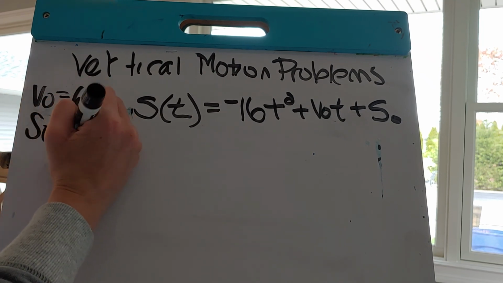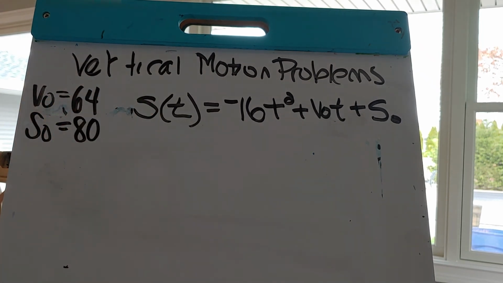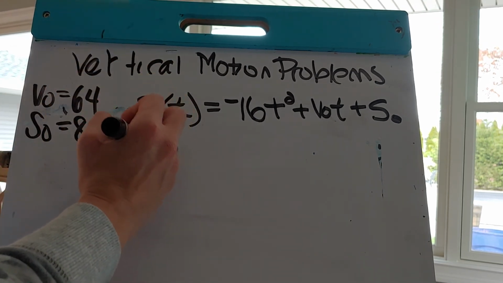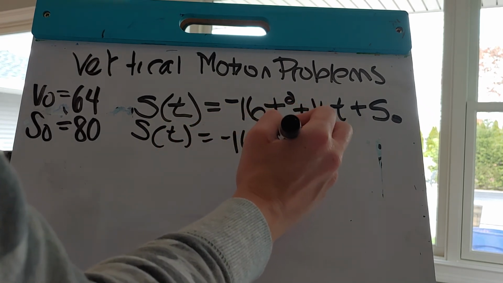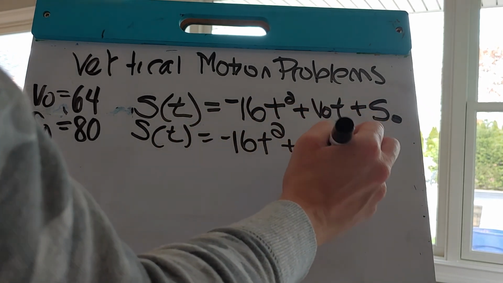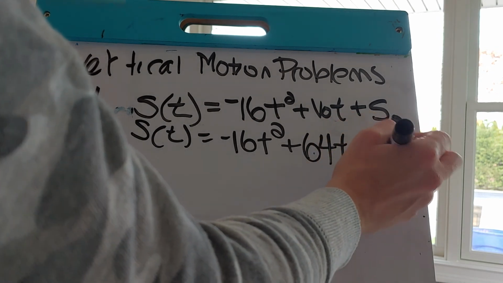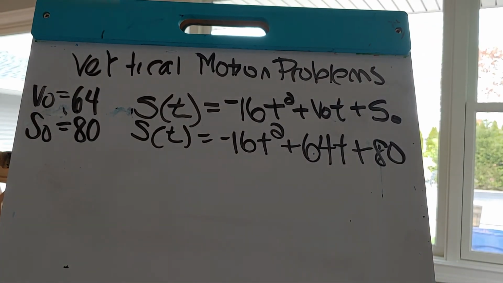So I know that my position function is going to be negative 16 t squared plus 64 t plus 80. I know that's my answer, but I'm going to use integration to show you how we come up with that.